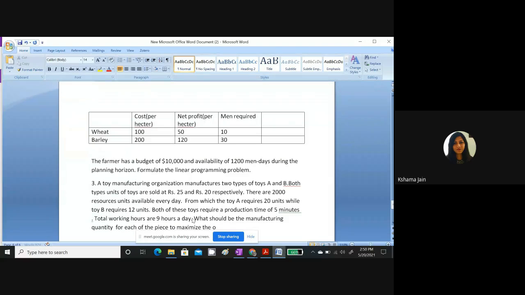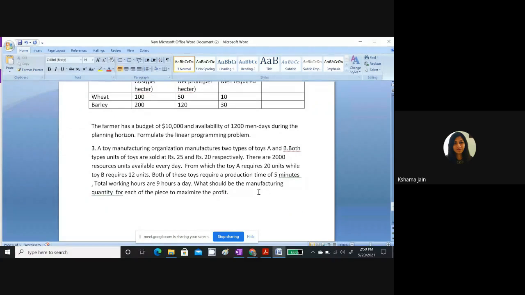Okay, everyone, note down and try to formulate it. So there are two types of toys, A and B. Their selling prices are given for each unit, and the resources available total 2000. A requires 20, B requires 12 units, and both toys require a production time of 5 minutes. Total working hours are 9 hours a day.